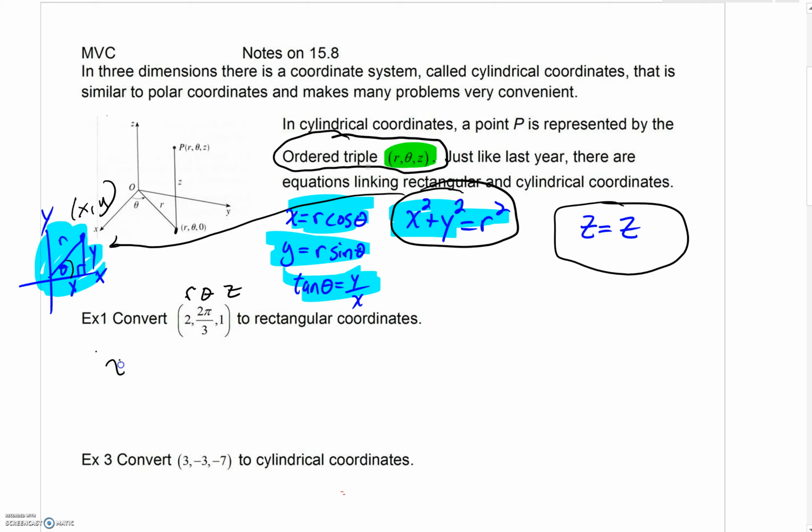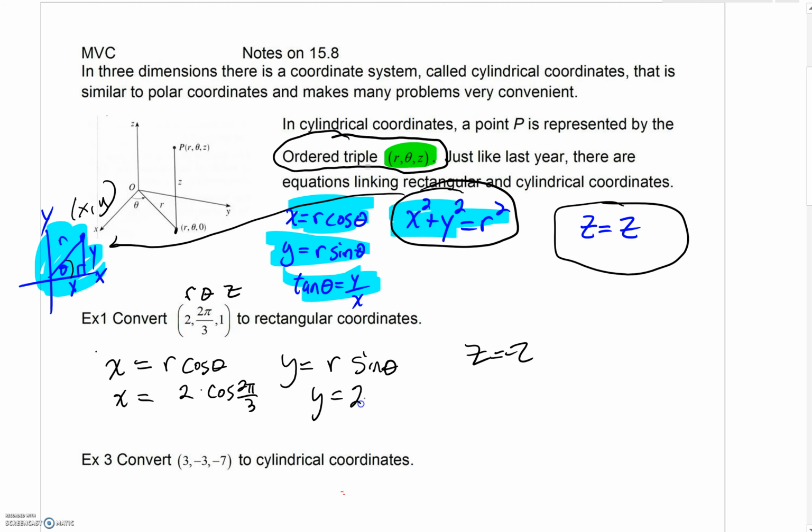Well, we know that x is r cosine of theta, and y is equal to r sine of theta, and your z is actually one and the same. So here we're going to say 2 times the cosine of 2 pi over 3.